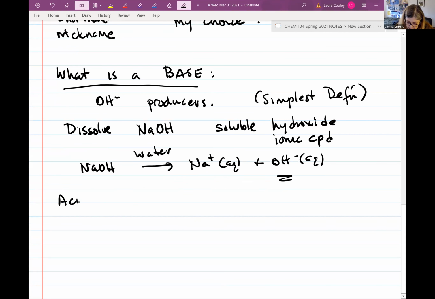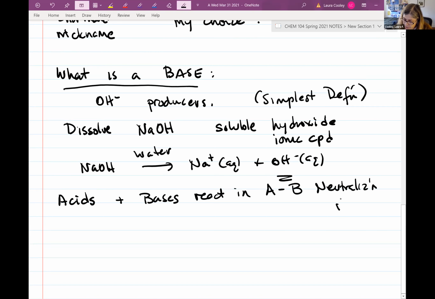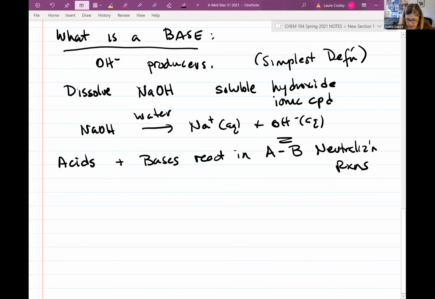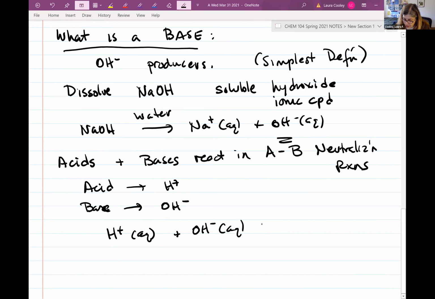And acids and bases react in an acid-base neutralization reaction, which I'm sure you learned about last semester. And honestly, what happens is the acid produces H+, the base produces OH-, and the essence of an acid-base neutralization reaction is the H+ and the OH- coming together to give you none other than water.